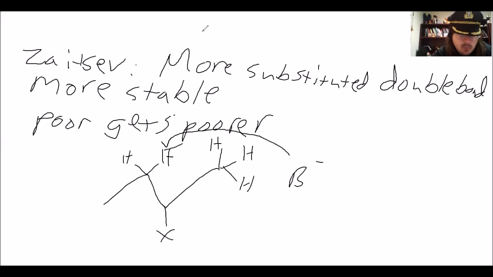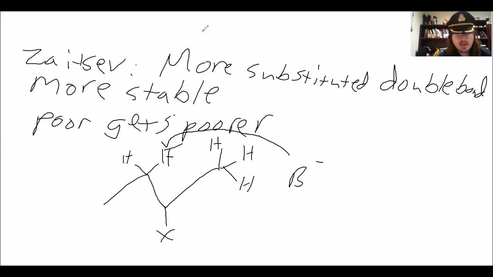I'm going to attack one of the 2 hydrogens on the left, even though with the 3 hydrogens on the right, it's easier to get your anti-coplanar. It's easier. There's more possibilities of attack. It's less sterically hindered over there.